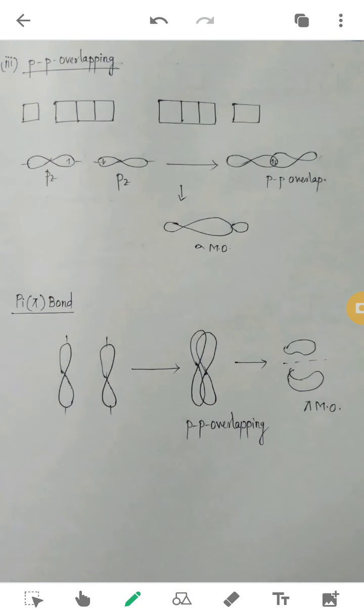Another type of overlapping for the sigma bond can happen, that is pp overlapping. How does this happen? We can take an example of the F2 molecule. pp orbital overlapping means you need two atoms which are giving you p orbitals.